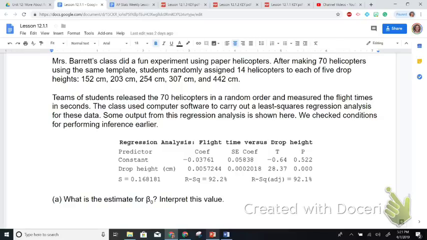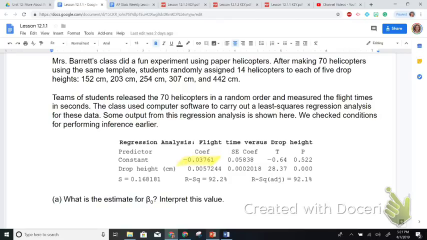And we'll end with a quick review on how to read the computer output for our least squared regression line. If you remember from chapter 3, we didn't do very many of these calculations, and it's not something you'll be expected to do, but you will need to know how to read the computer output. So this part has not changed.